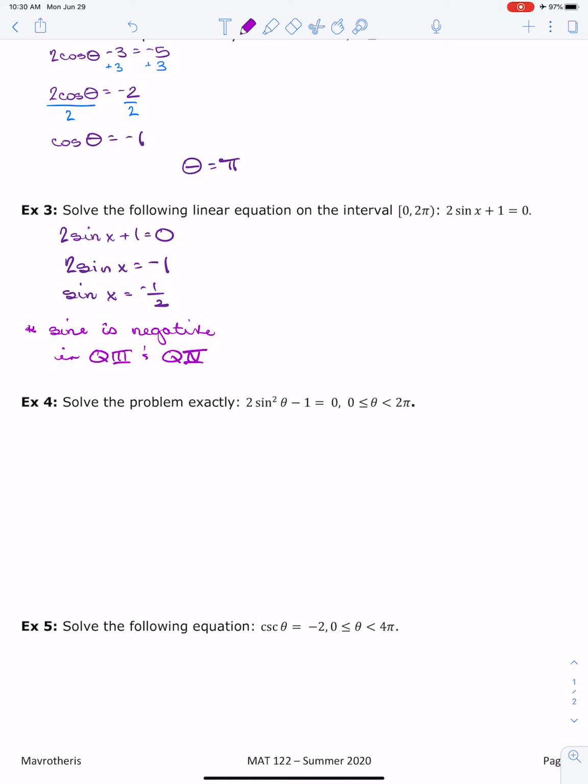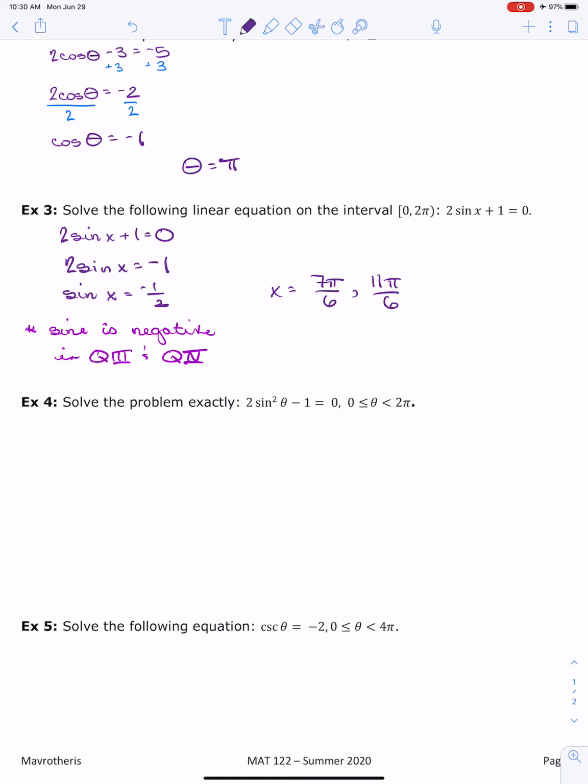So I'm going to make sure that my answers fall in those 2 quadrants. So sine is 1/2 at my pi over 6's, pi over 6, 5 pi over 6, 7 pi over 6, and 11 pi over 6. The only 2 that are in quadrants 3 and 4 is 7 pi over 6 and 11 pi over 6.